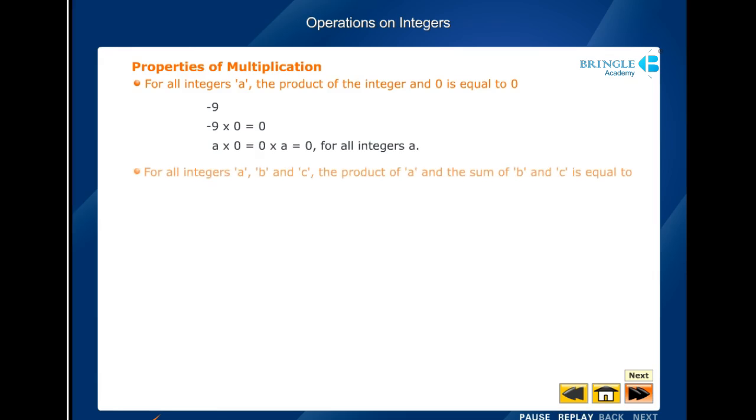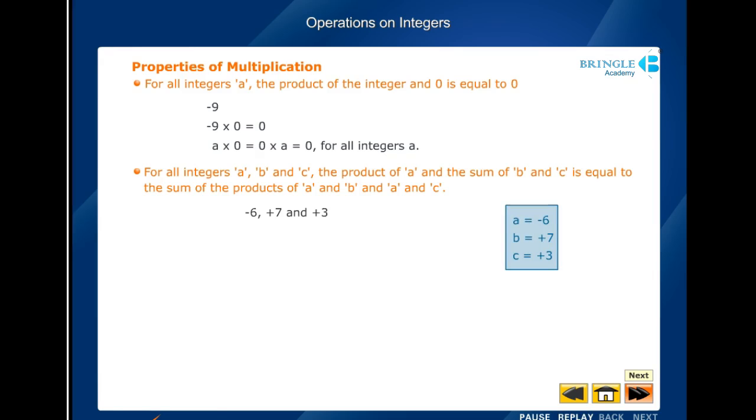For all integers a, b and c, the product of a and the sum of b and c is equal to the sum of the products of a and b and a and c. Let us consider the integers minus 6, plus 7 and plus 3. The sum of plus 7 and plus 3 is equal to plus 10.